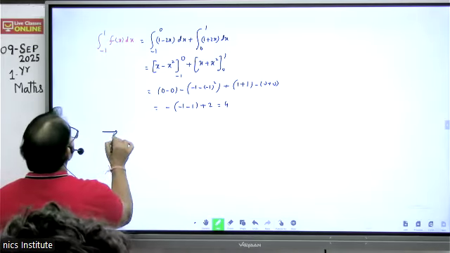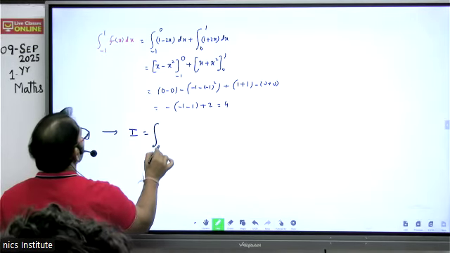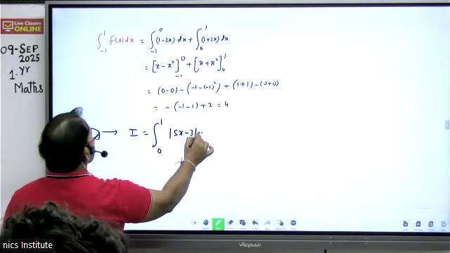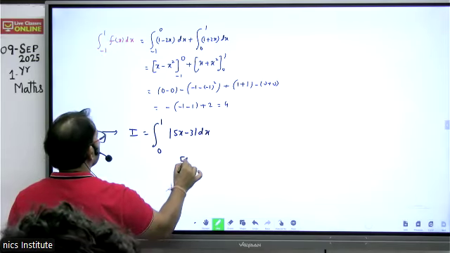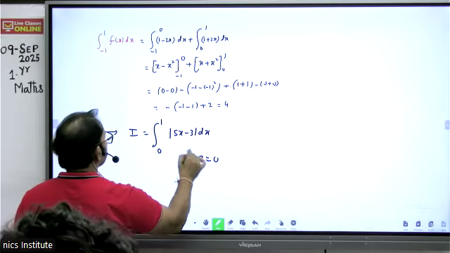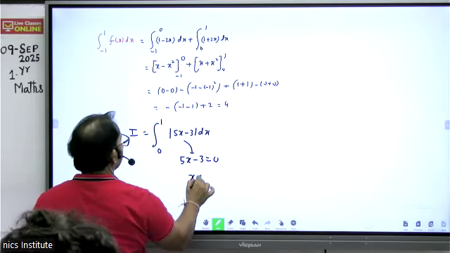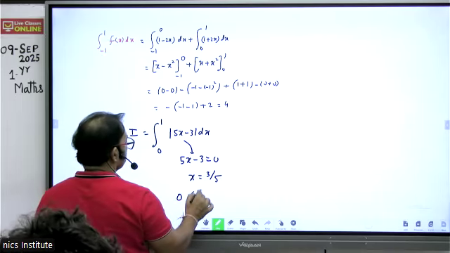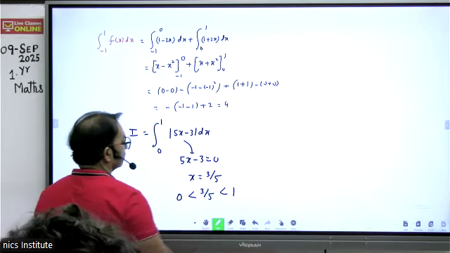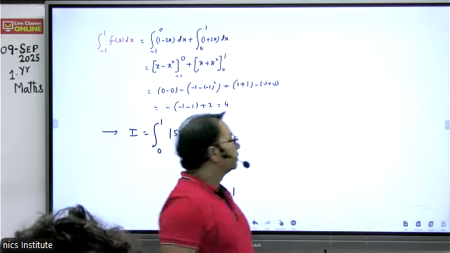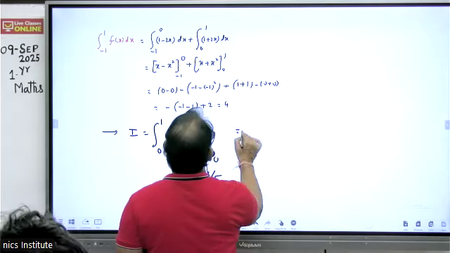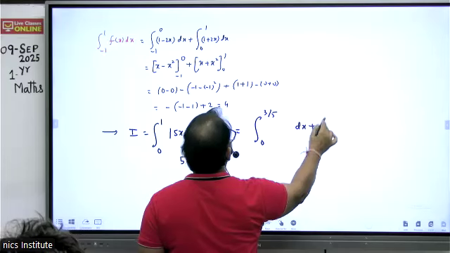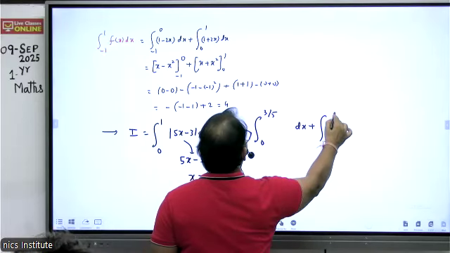Next is the integral from 0 to 1 of |5x minus 3|. So the rule is that you find the critical point. By substituting this equal to 0, x is 3 by 5, which lies between 0 and 1. So now you break the limits: 0 to 3 by 5, and 3 by 5 to 1.